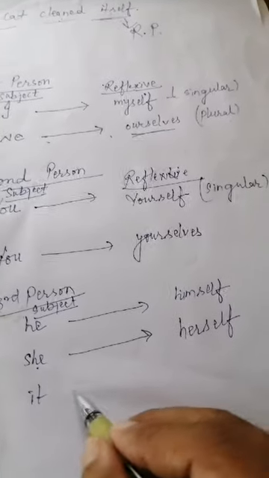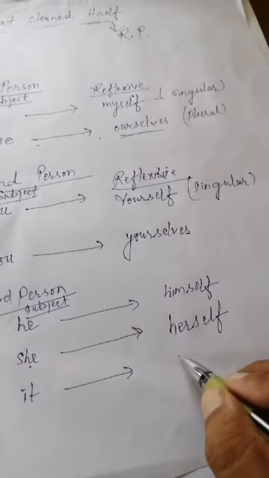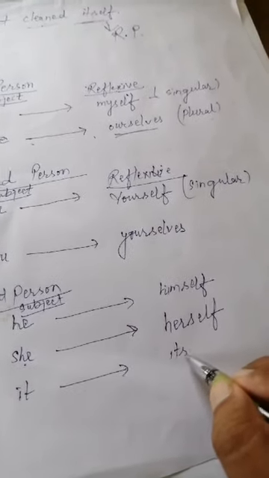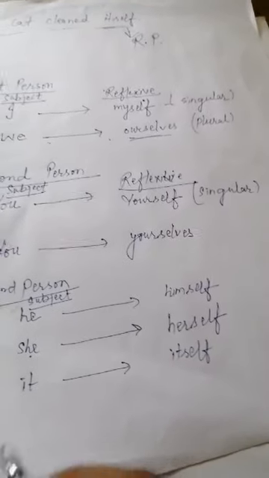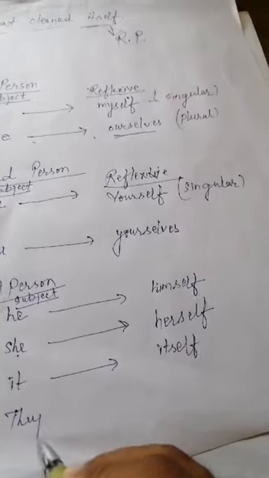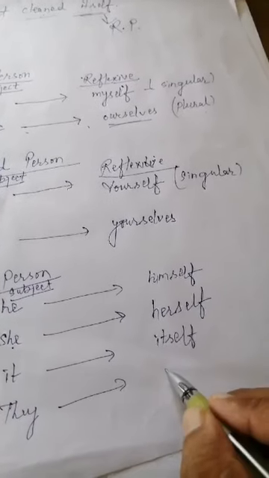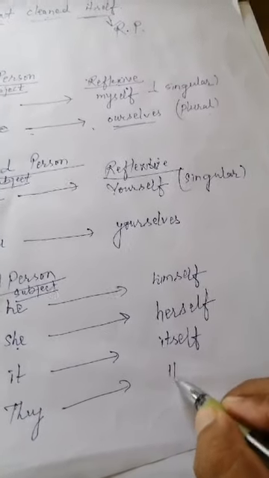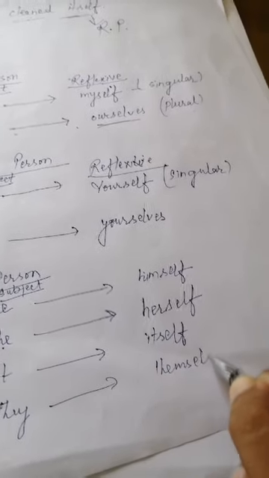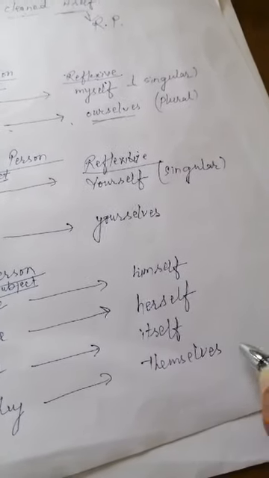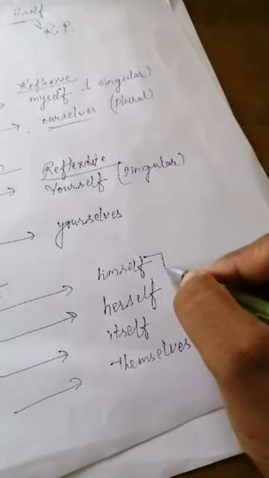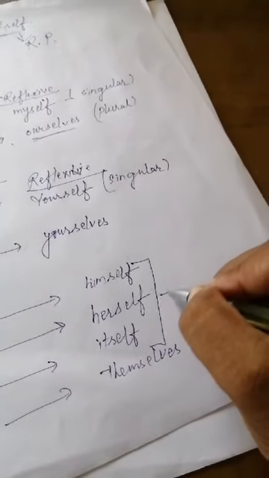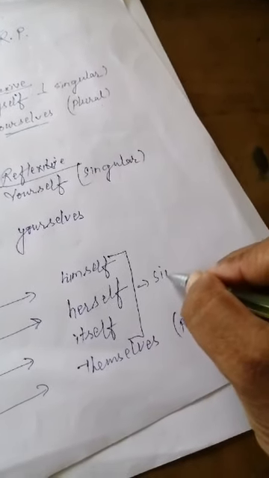Then it is also your third person singular number, itself, reflexive case. And they is also your third person and its reflexive form is themselves. It is your plural form and these are your singular form.